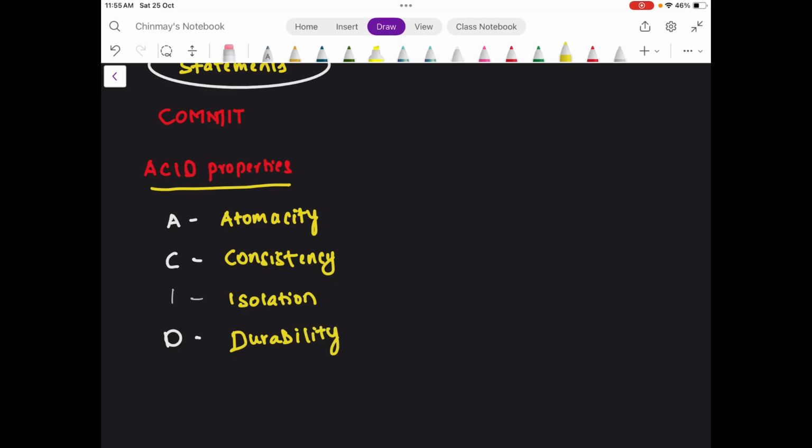These are the ACID properties. Now we will discuss each and every property in detail with examples.